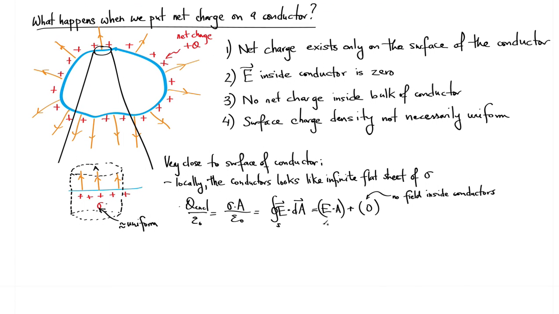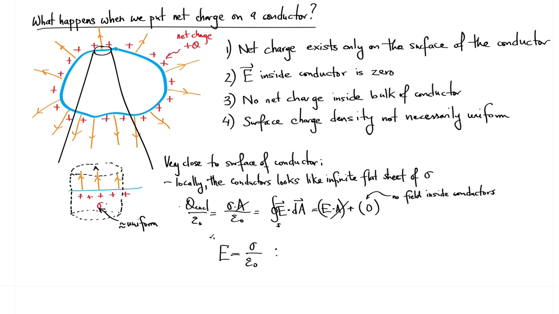So then what we get is just sigma A over epsilon naught is E times A. So A's cancel. So the electric field just directly above some little patch of a conductor is just sigma divided by epsilon naught. Okay, so that's the magnitude of the electric field directly above a conductor.